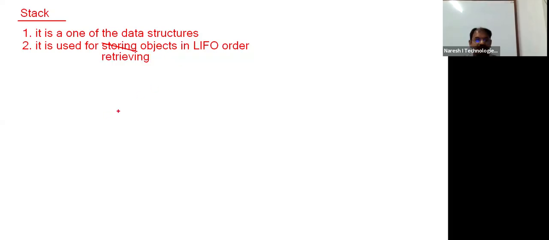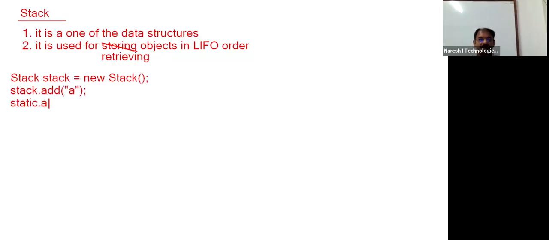What is the meaning of that? Now I am creating a stack object: stack equal to new stack. Then I call stack dot add "a", then stack dot add "b", then stack dot add "c".